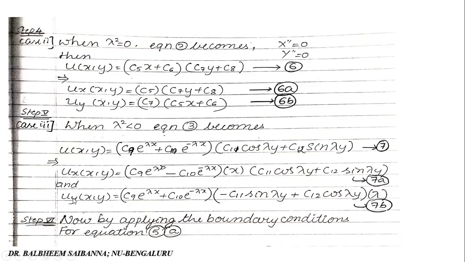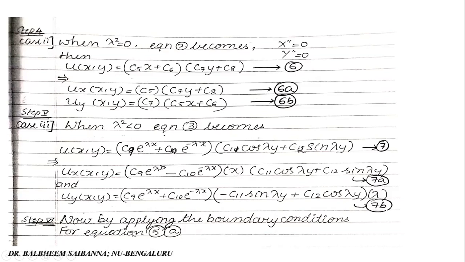Called equation number 7a. Differentiate equation 7 again with respect to y. Then uy of x comma y is equal to C9 e to the power of lambda x plus C10 e to the power of minus lambda x, as it is, times minus C11 sin lambda y into lambda plus C12 cos lambda y into lambda, since the derivative of cos gives a minus sign. Called equation number 7b.